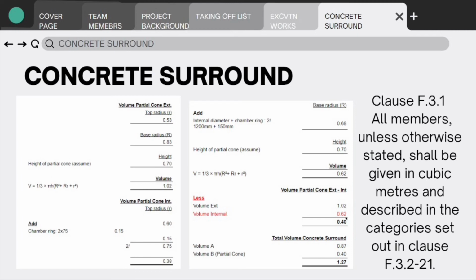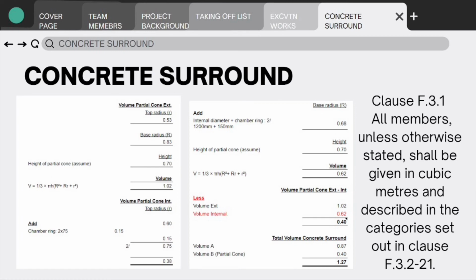The height is assumed 0.70. Total volume for partial cone internal, we have used the formula of partial cone to get the total volume of 0.62.